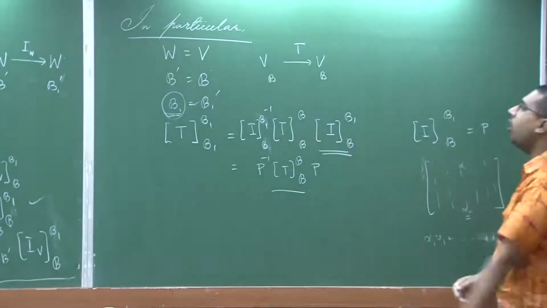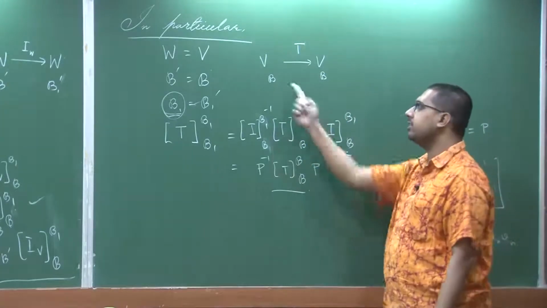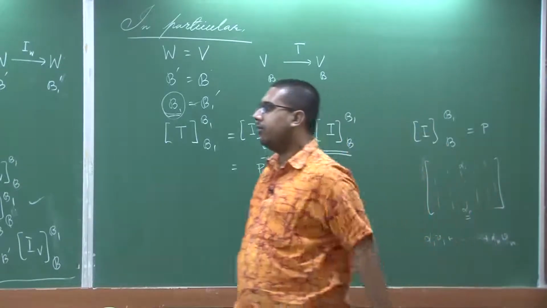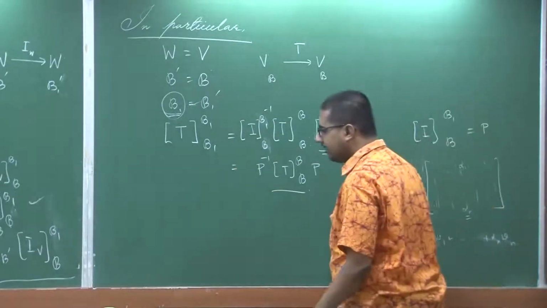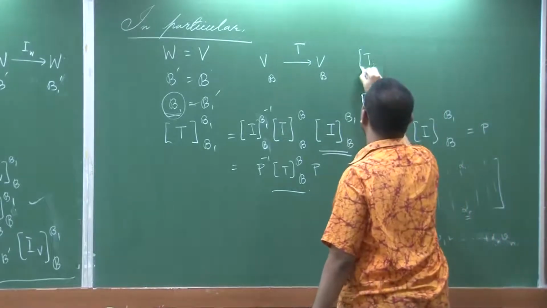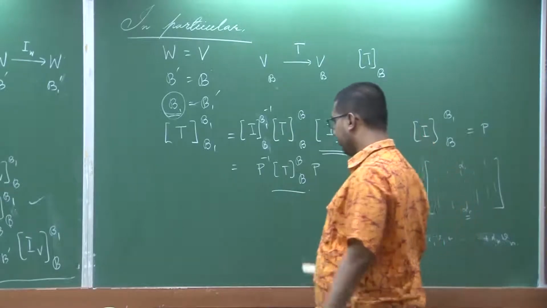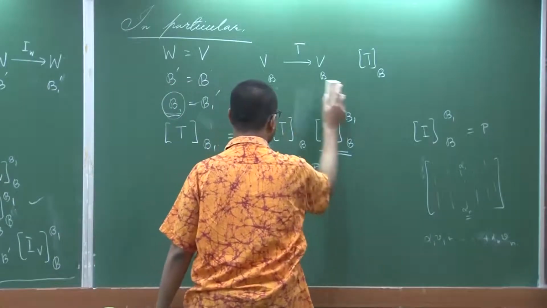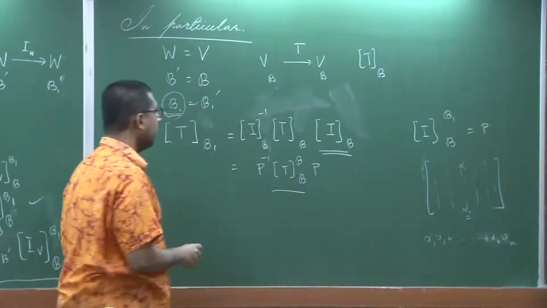For a linear operator we often look at its representation with respect to a single ordered basis, namely B. Now, for example for F^n to F^n, in the examples we just took the usual standard basis as the ordered basis. In that case we will use the following notation. We will not write B twice, we will simply write B once. So, after simplifying the notation we can simply see this, okay. We simply see this, fine.